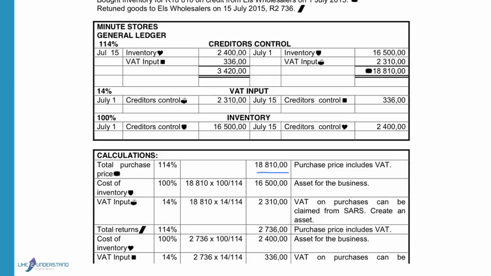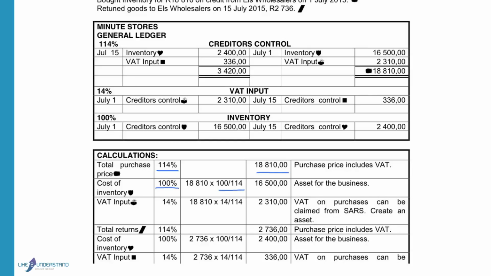The total amount equals 114%. The cost price of the inventory will only be 100%. And if we want to calculate the figure, we take the 18,810, multiply with the one that we want, the 100, divide by the 114 that was given to us.